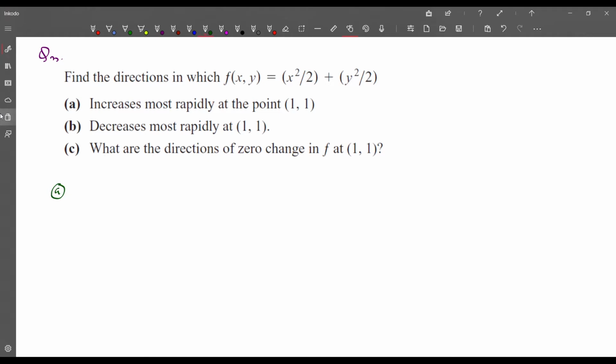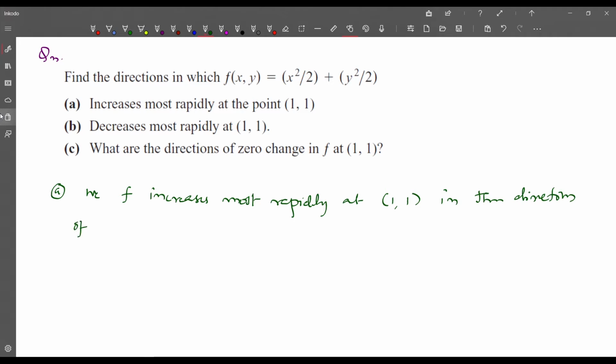We have f increases most rapidly at (1,1) in the direction of del f at (1,1).